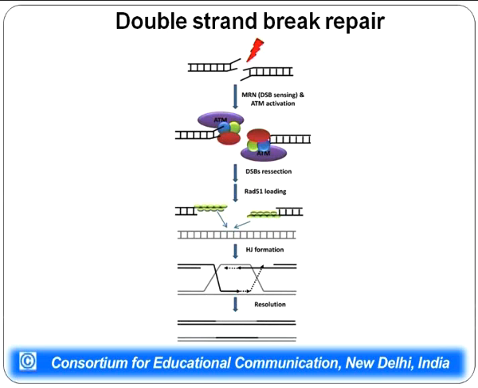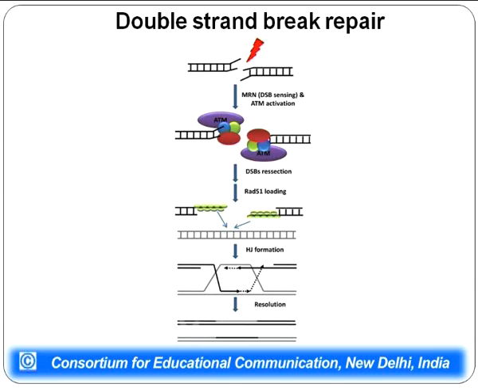RAD51 protein loads onto these tails. After RAD51 has loaded, with the help of the homologous chromosome, there is invasion of one of the strands of the DNA, or there could be invasion of both the strands, and there will be complementary nucleotide addition and complementary DNA strand synthesis. There are two Holliday junctions here.